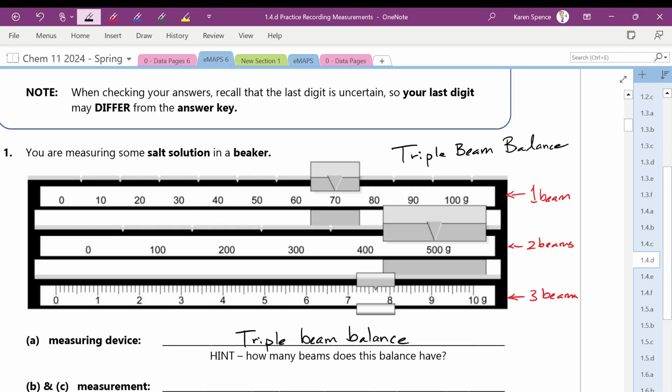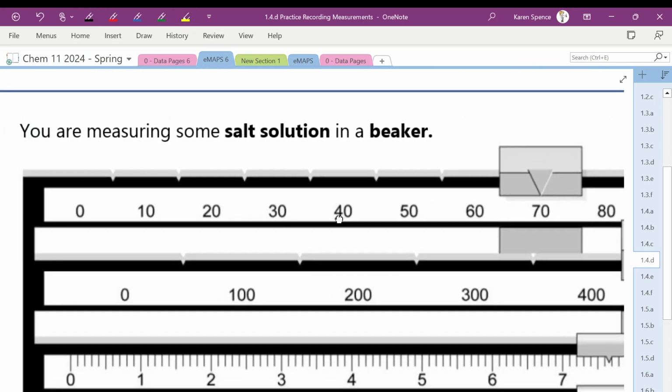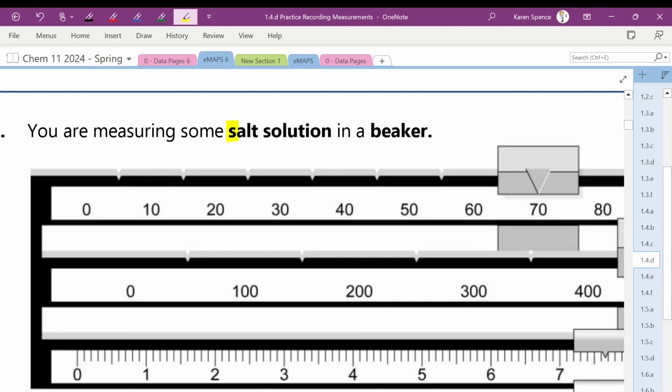And now you're going to make your measurement. Now, in order to make your measurement, you need to record what you are measuring. I would like you to look at the question and tell your partner, what are you measuring? Now, are you measuring only the salt solution?